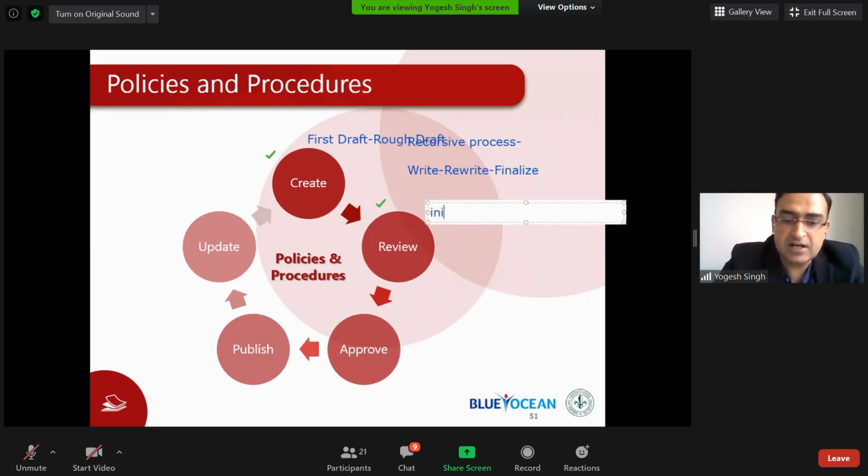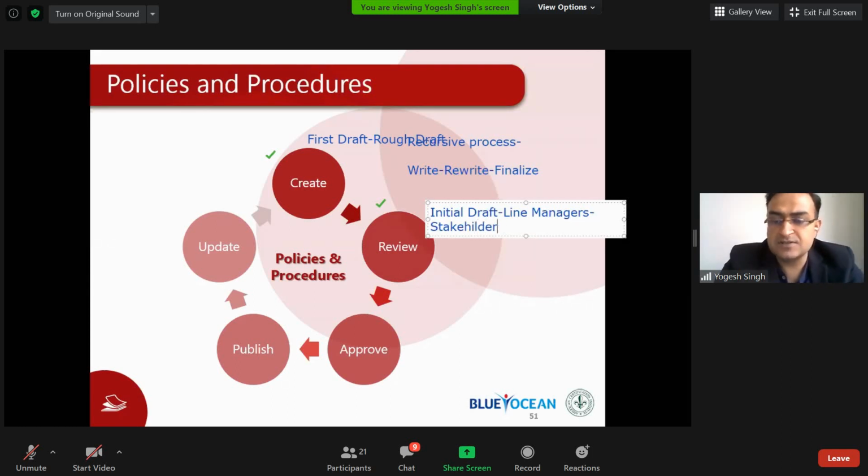Initial draft is something that you will send to the line managers, and not only line managers, obviously with leadership also. So you can say with stakeholders.